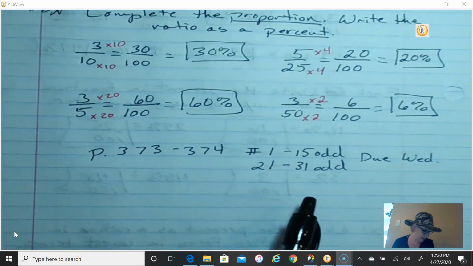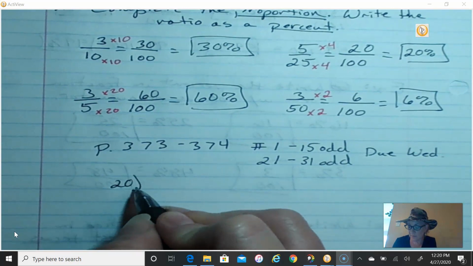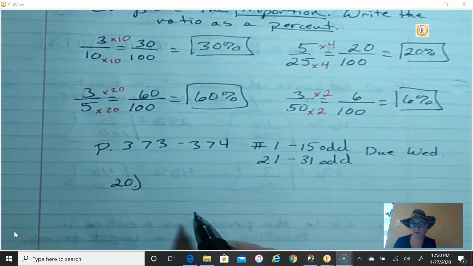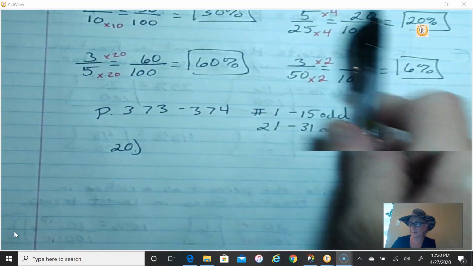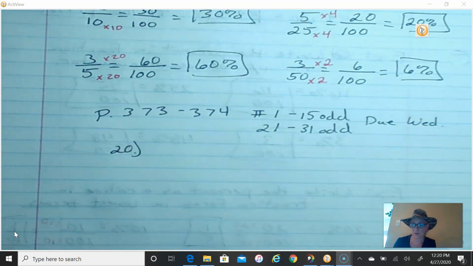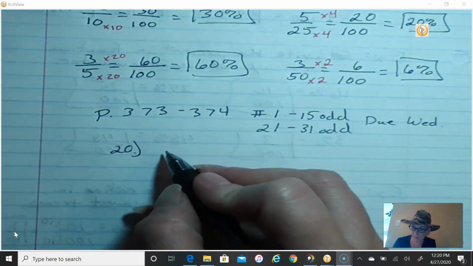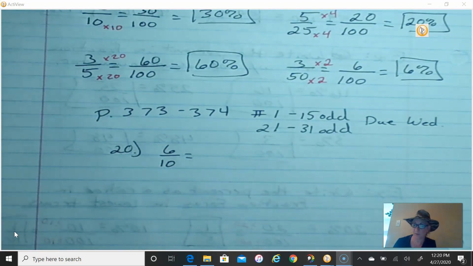And I want you to look at number 20. It's a little bit different. It's similar to this right here, but they didn't give you the 100. So for 20, they give you 6 over 10, and they tell you to find the percent. Okay?